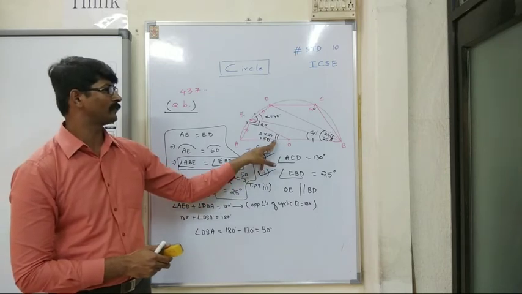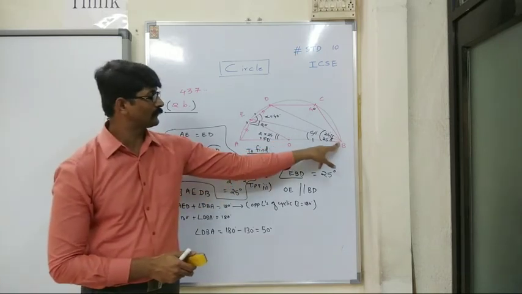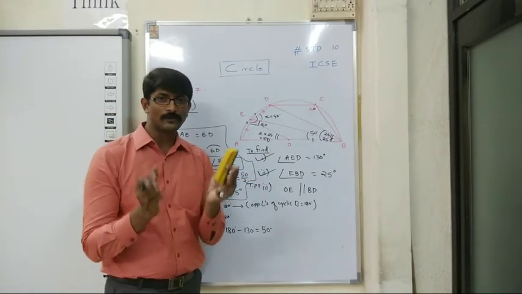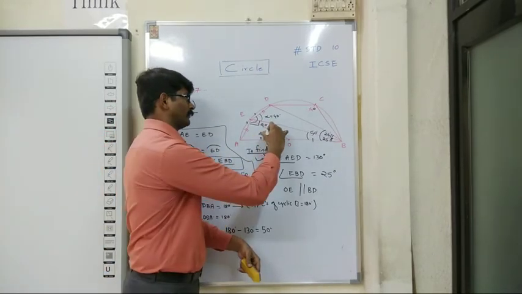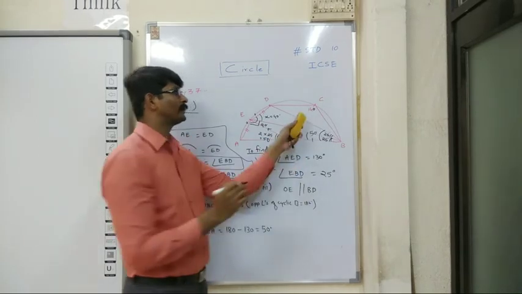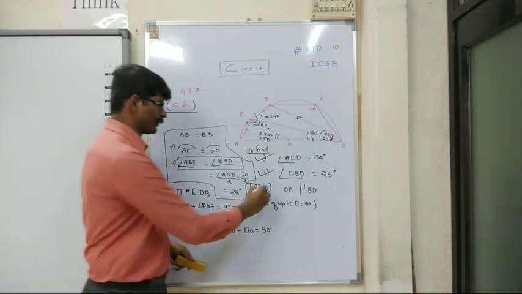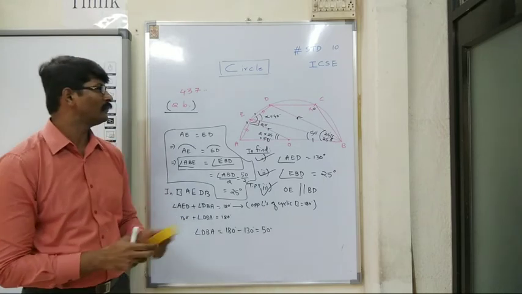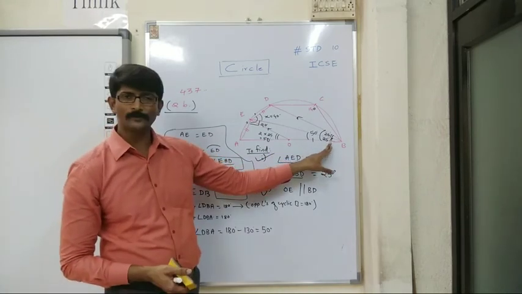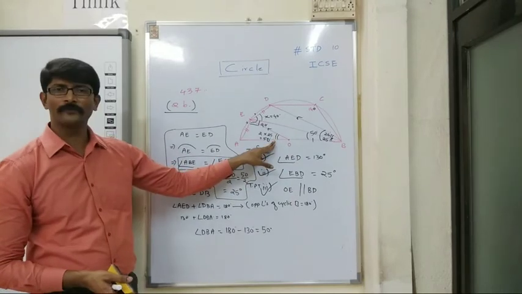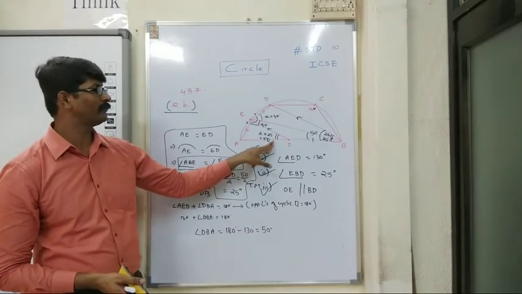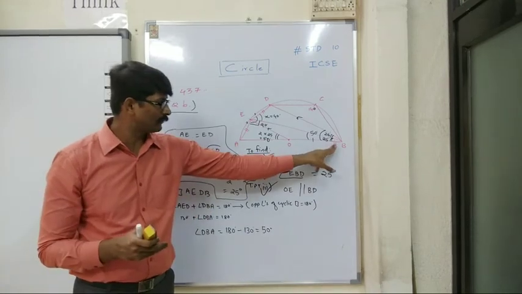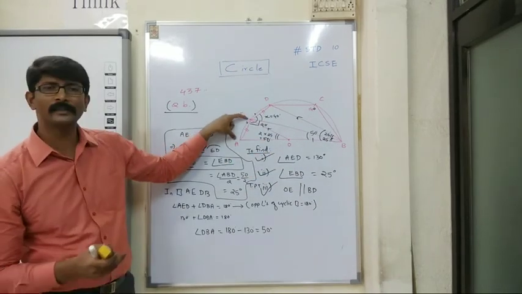If this is 50 and this full angle is also 50, this line is going to be parallel to this line by converse of corresponding angle test. Isn't it? I hope student you have understood why these two lines are parallel. Again we'll repeat. If this is 25, the central angle is going to be 50 degree, because the central angle is double the angle at circumference if subtended by the same arc.